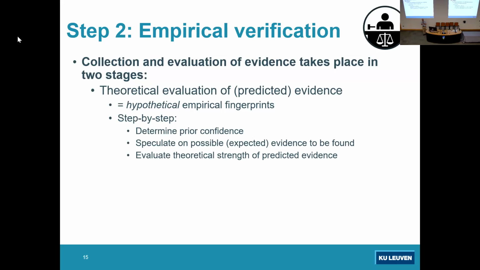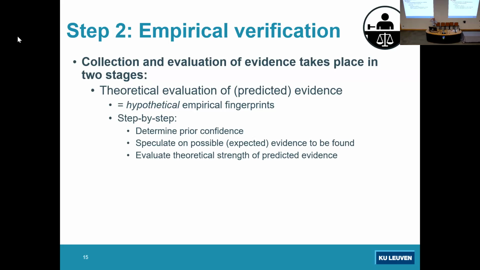And it obliges you to think critically about the sources and the data that you use, and whether or not they are strong enough to support the causal claims that you make. That can be used in all types of qualitative research, basically. And the evaluation of evidence, you do it in two stages.